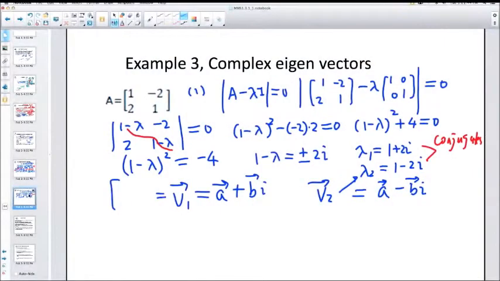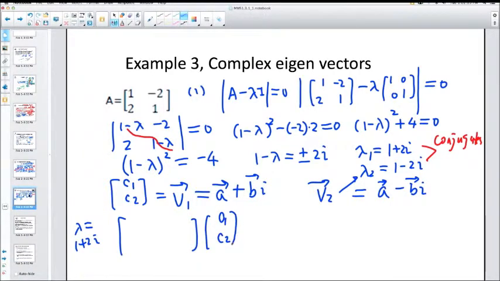Let me first assume the eigenvector equals C1, C2. Then let's consider lambda equals 1 plus 2i, with C1, C2 equal to 0, 0. I did not write this C very well, so let me do it again.